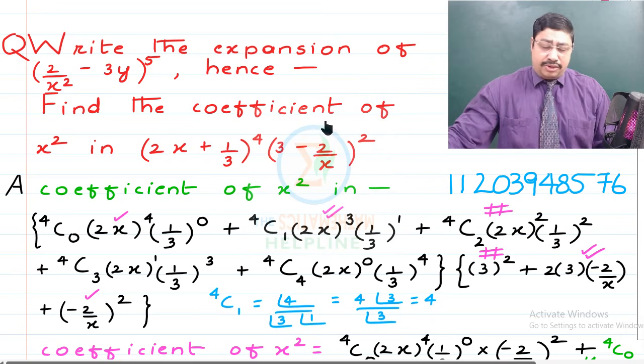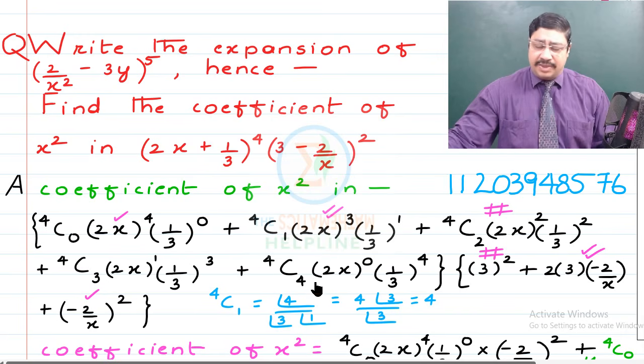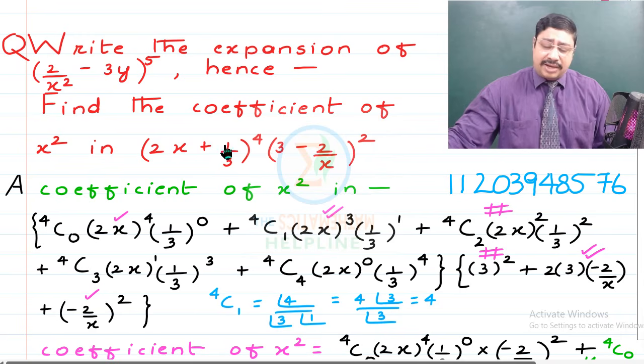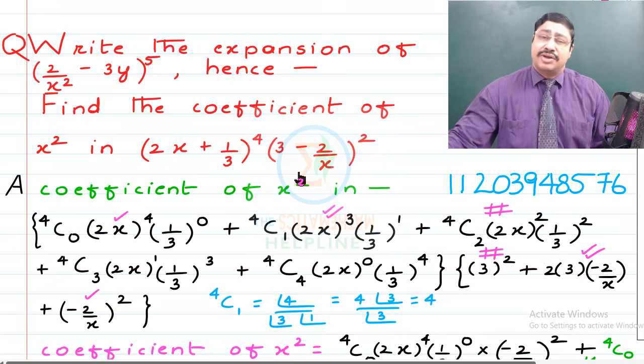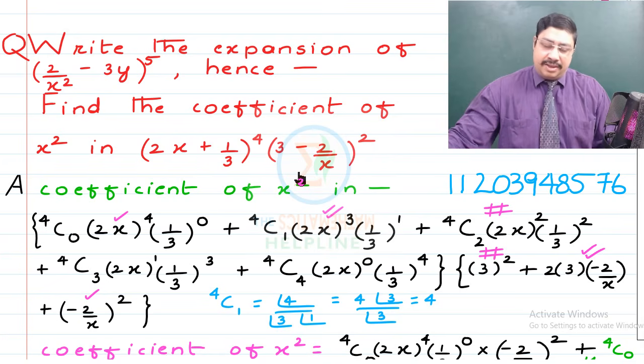So in order to get to the coefficient of x square, you require to get to all the terms which have x square as we saw just now. For that, the expansion of these binomials are required. The product of the terms is required. But here we will not be multiplying all the terms, but we'll only be multiplying those terms which are going to get to x square, right?